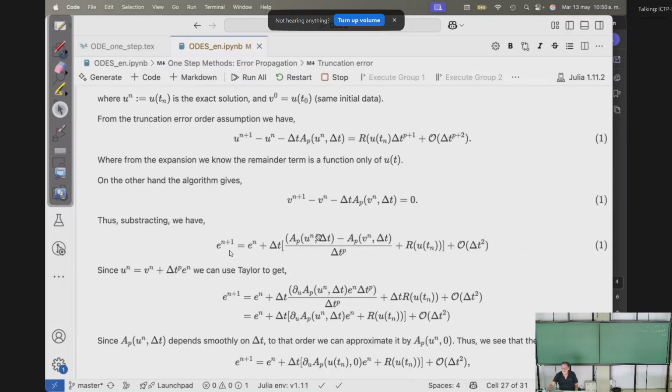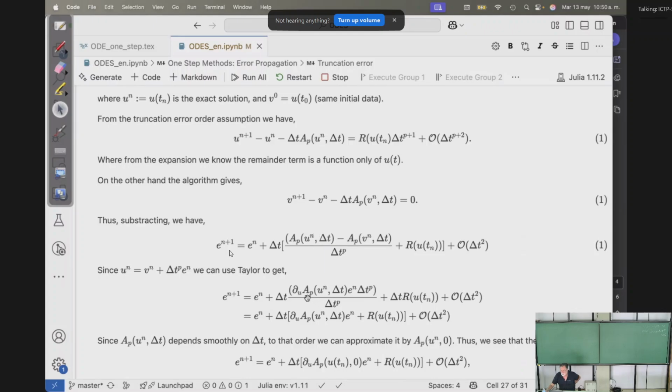So since this part we can use Taylor series expansion. Since we know that this minus this is order delta t to the p for the error in the previous step, the En, we just do Taylor series expansion here, around, say, this point.